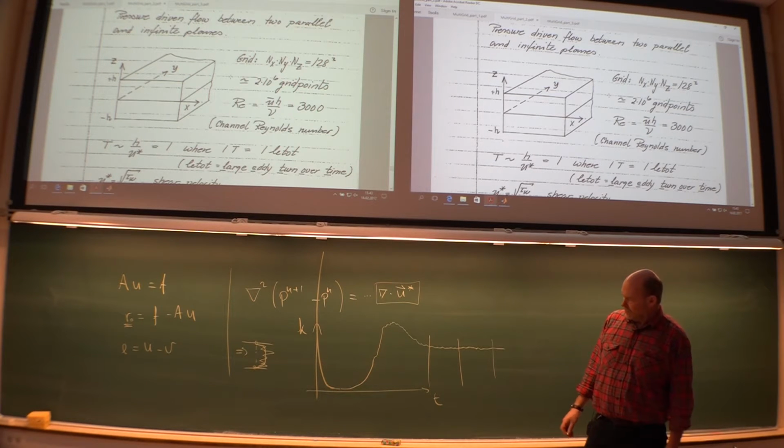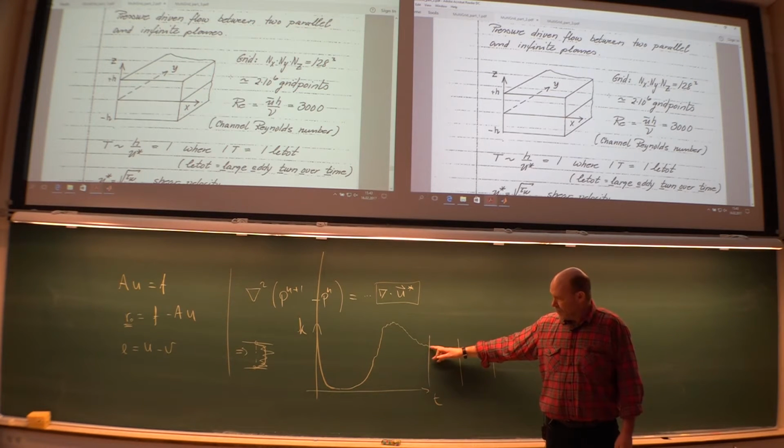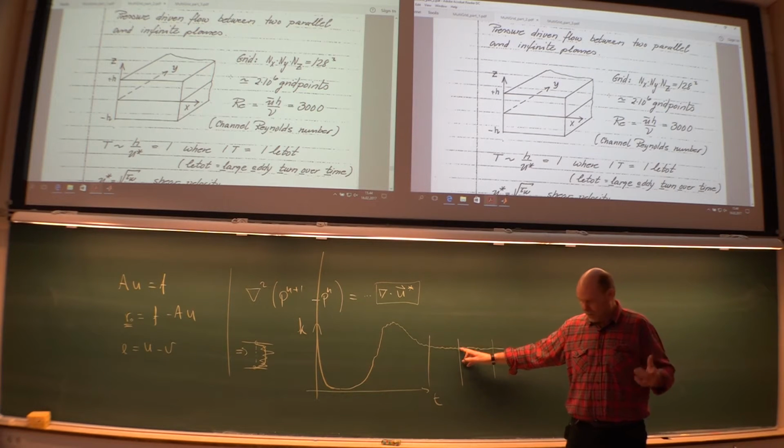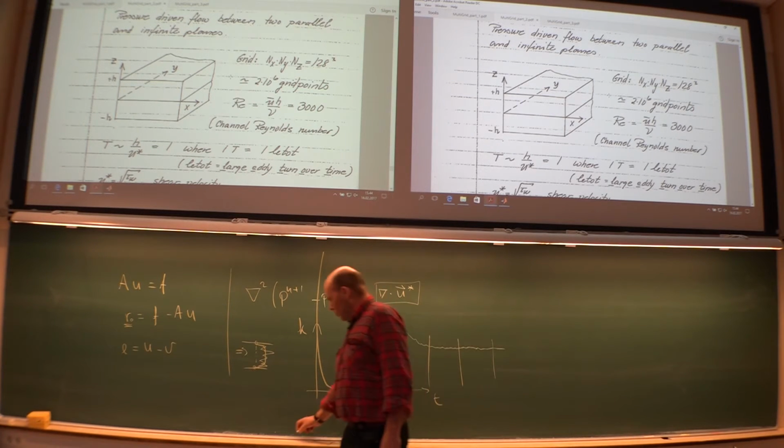Now, solving the Navier-Stokes on a fine mesh using DNS is very expensive. How could you do that faster? There you can use the idea of multigrid.